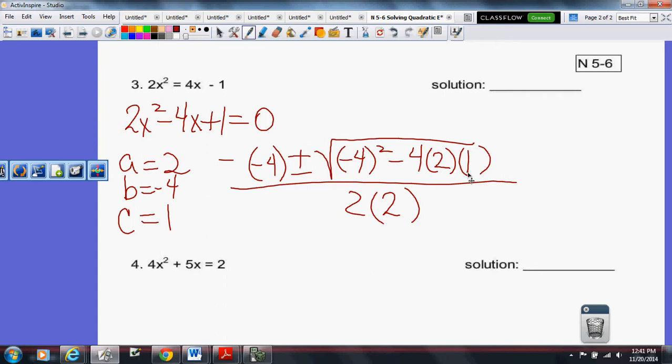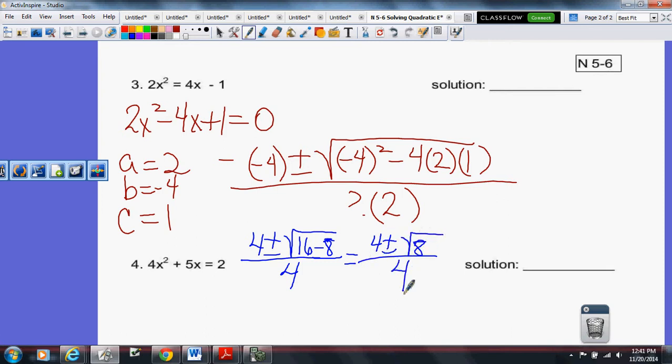So when I multiply this out, I'm going to get 4 plus or minus negative 4 squared is going to give me 16. That's going to be minus the 8, and that's going to be over 4. So I know that that's going to give me 4 plus or minus the square root of 8 over 4. And we should just remember that we just did the square root of 8. So we know the square root of 8 is 2 square root of 2.